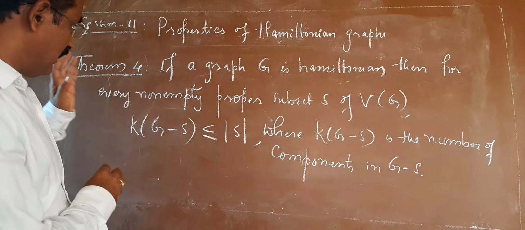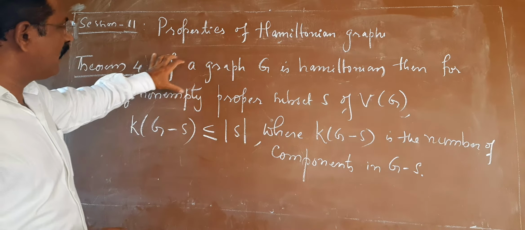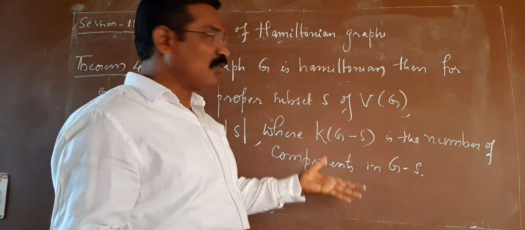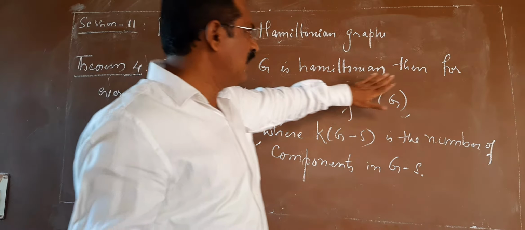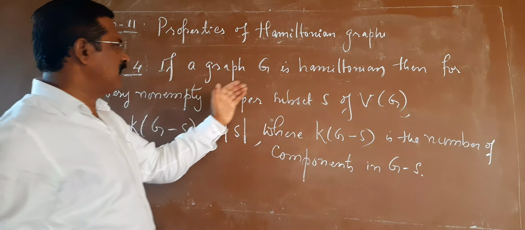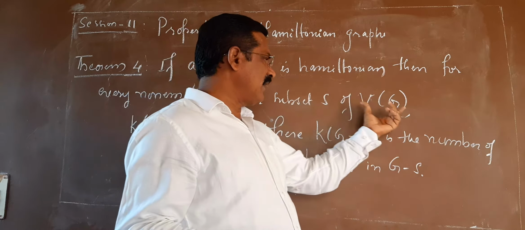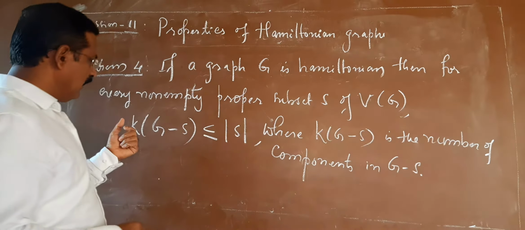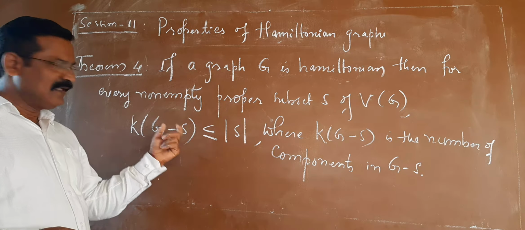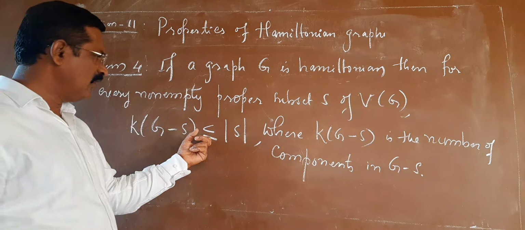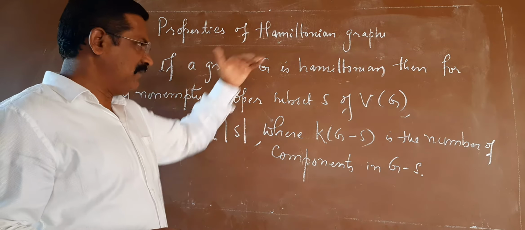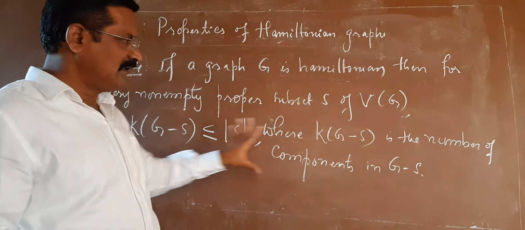If a graph G is Hamiltonian, then for every non-empty proper subset S of the vertex set V(G), the number of components in G minus S is always less than or equal to the number of elements in S. If G is Hamiltonian, then G satisfies this condition.